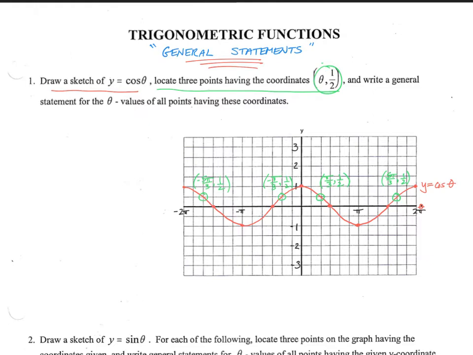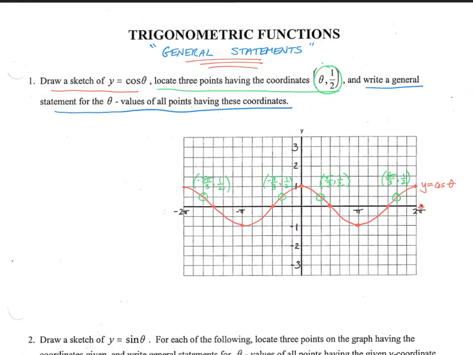Okay, now we've got to jump in and deal with the last part of the instruction, which is to write a general statement for the theta values having these coordinates. Where I want to go with this is: what is a general statement, and then how do we write it.